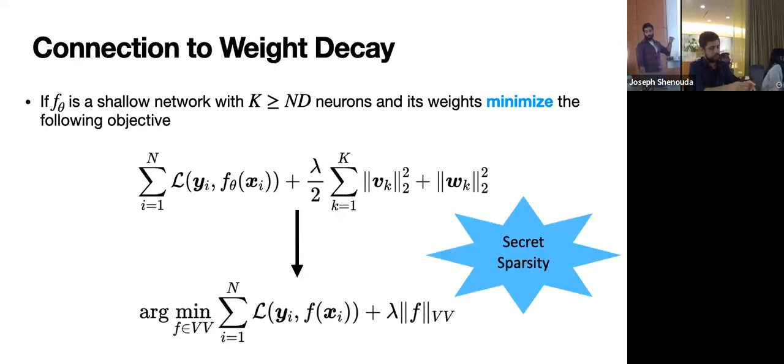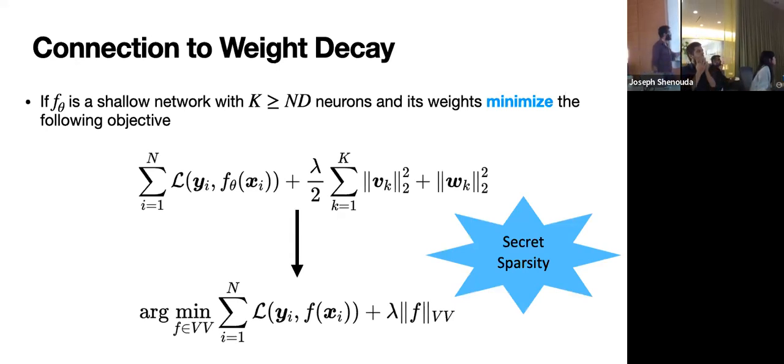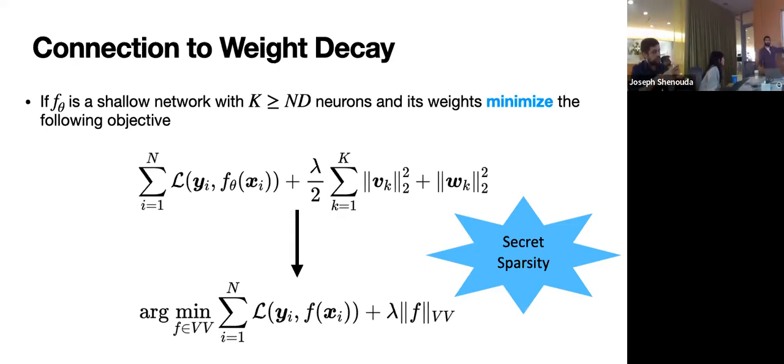Therefore, the function that you learn will also be a minimizer for this variational problem. So that tells us that sufficiently parameterized neural networks are living in this function space, these vector valued variation spaces.